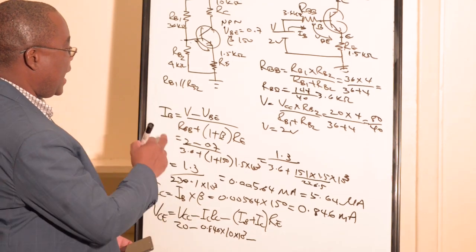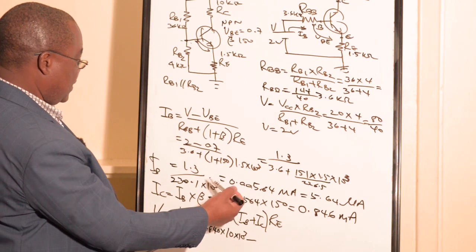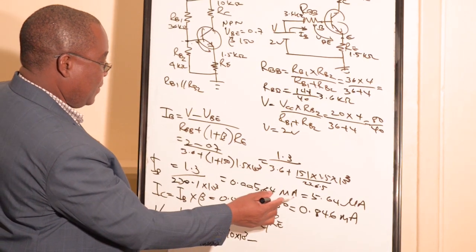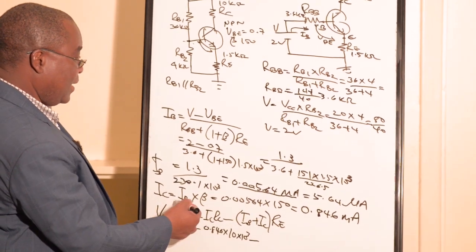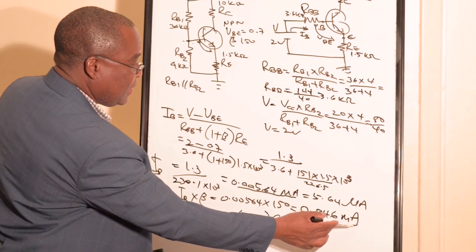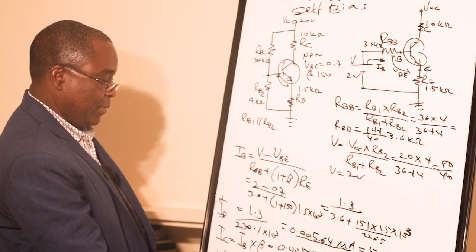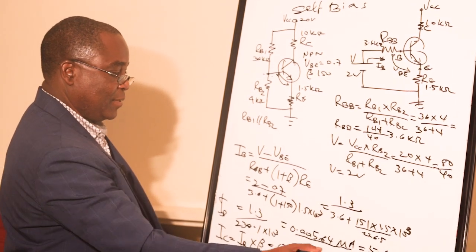So we have our IB here, this is our IB, and this is our IC. So I will sum up IB plus IC. I'll take this one plus this one.